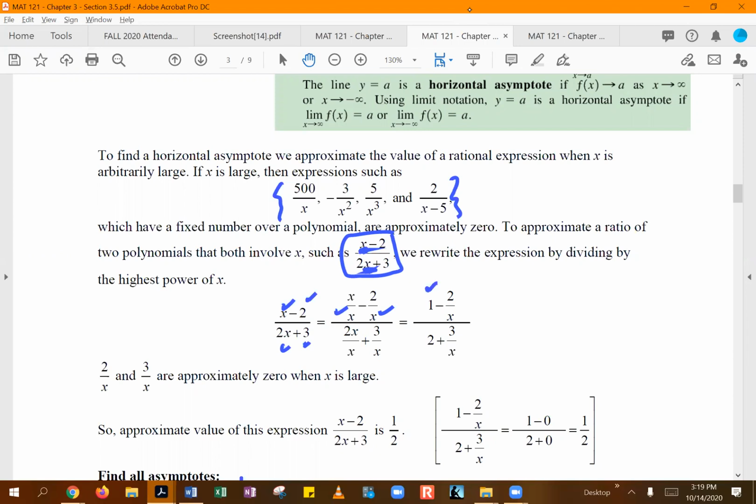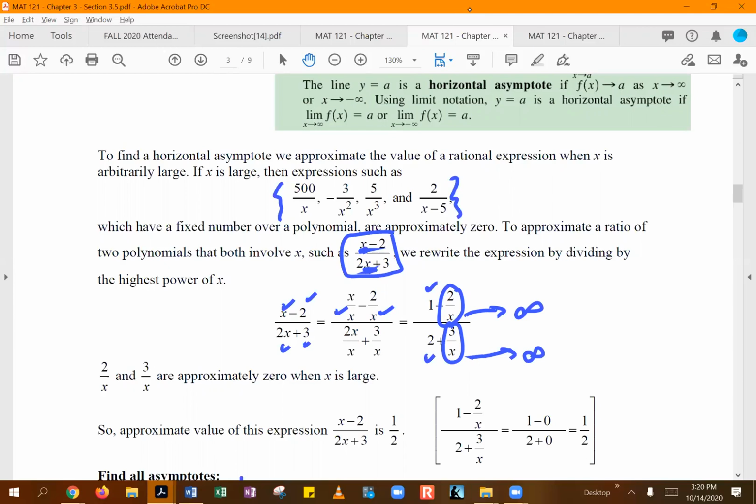Some of these will simplify, and some will stay as they are. When x is headed towards infinity and getting really, really large, your numerator will just stay at number 2 or number 3, because those are not changing.